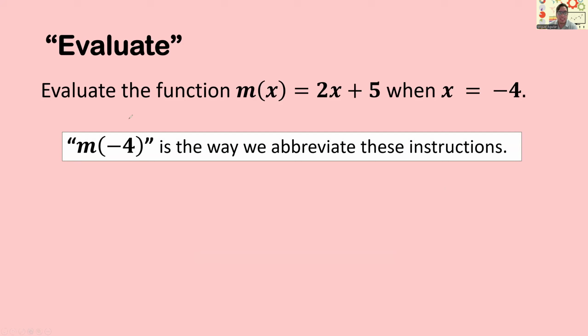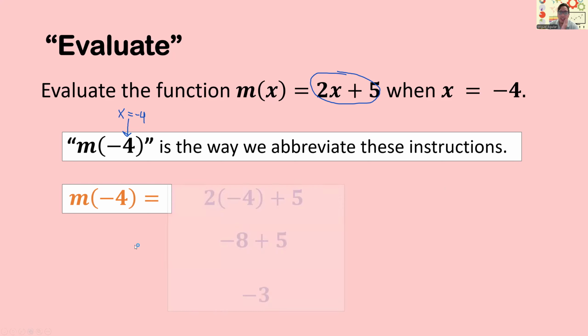What they're saying is, take this x value, it's equal to -4, plug that into this part of the expression, and then just simplify it or evaluate it. Okay? So all I'm going to do is write down m of -4, and that's going to take some getting used to. In the parentheses, I'm literally plugging in my -4.